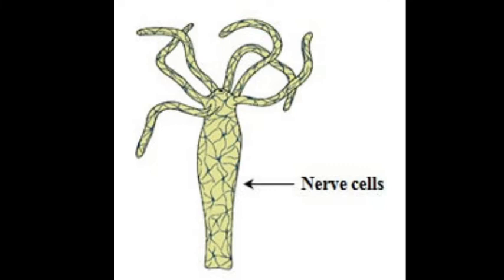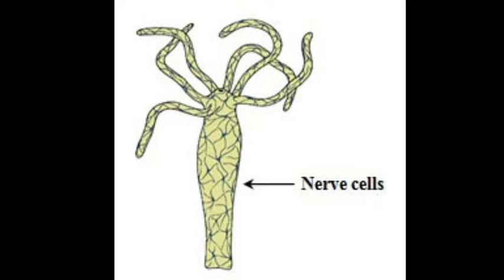So in the last lecture we described the plant. Now we have to describe control and coordination in animals. As you see on your screen, there is a picture of hydra. It is the nervous system of hydra, and you also see that there is a network of nerve cells throughout the body of hydra.